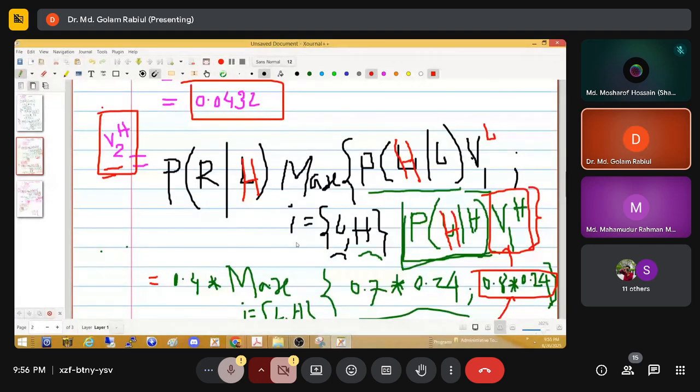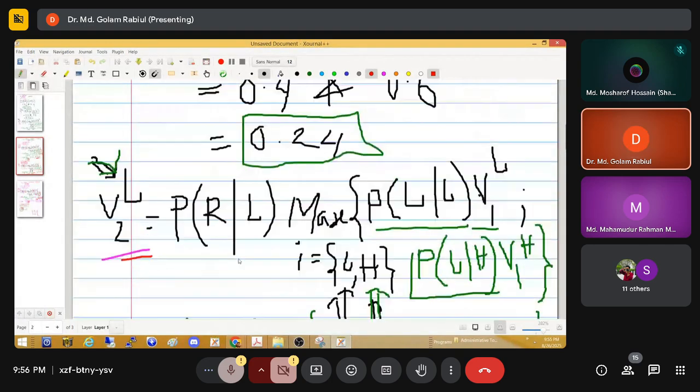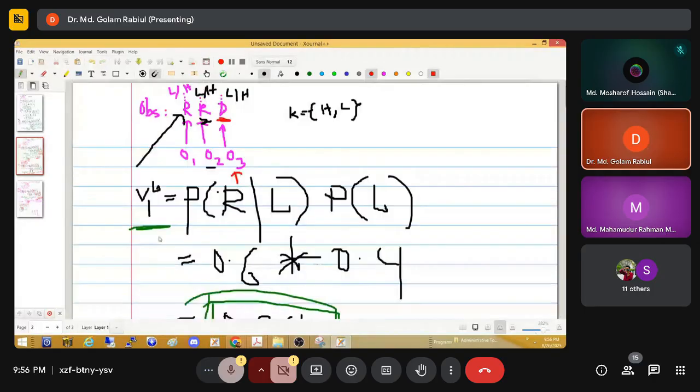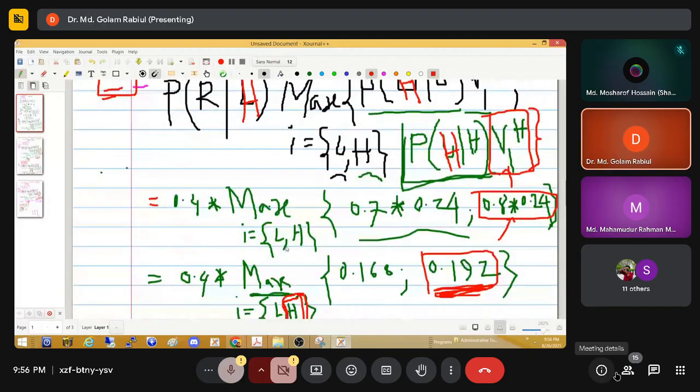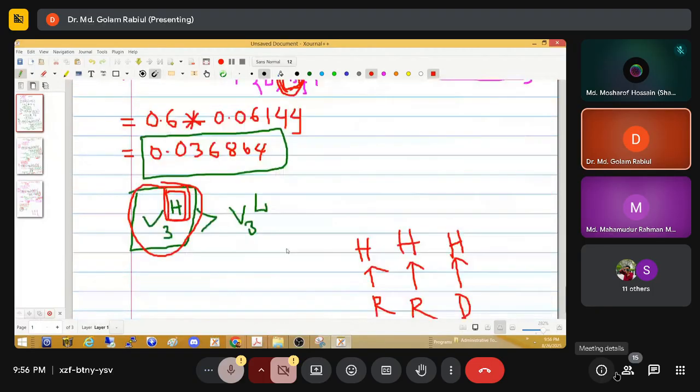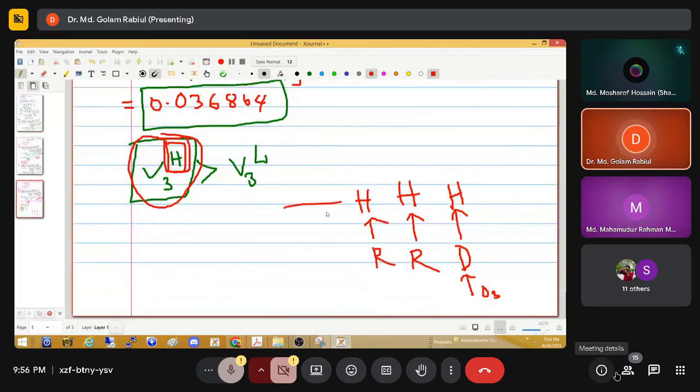That's why we have already written the H. But in V1H, you can see there is no maximization. So that's the end. It means these are the state sequence. So now we can see that this is the answer.